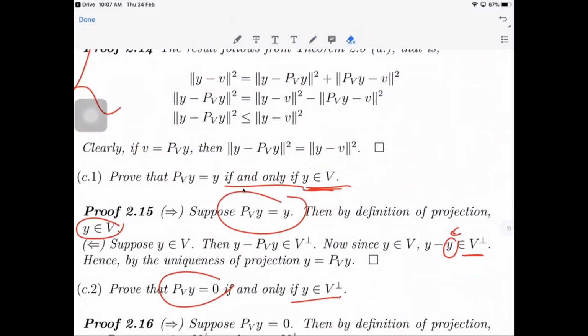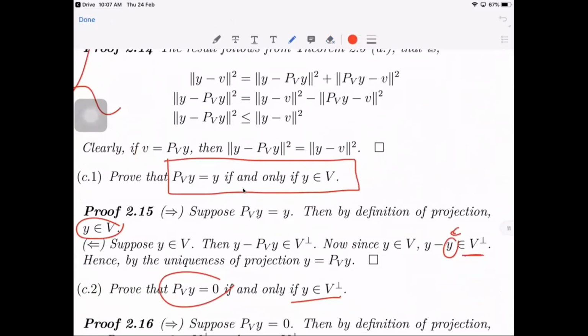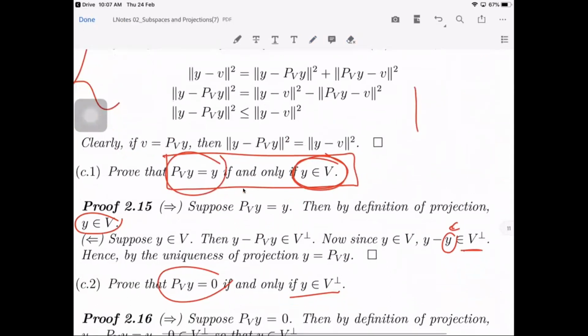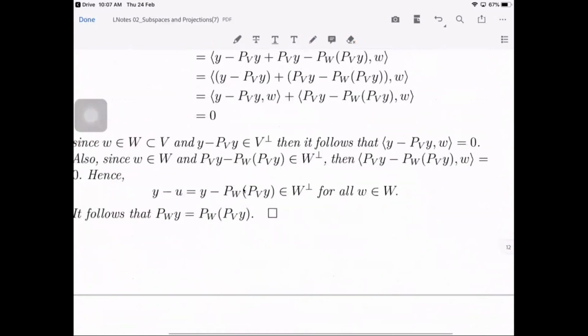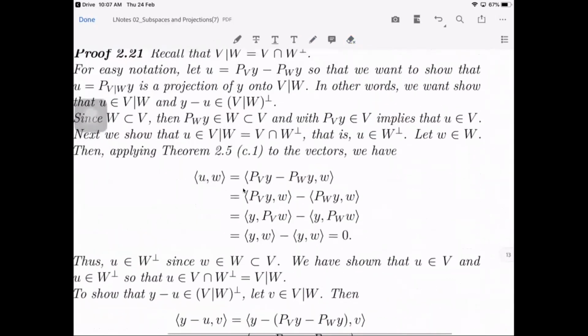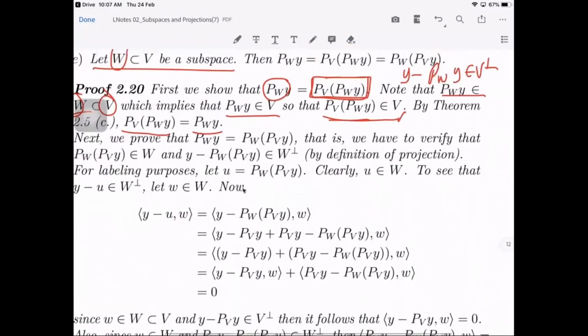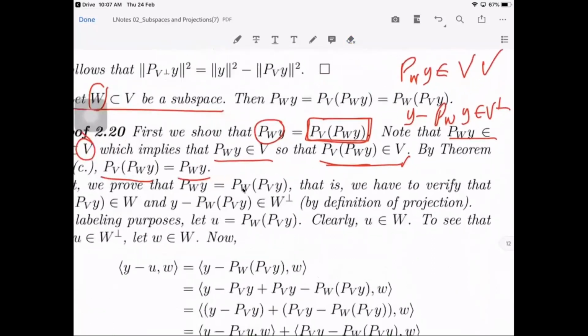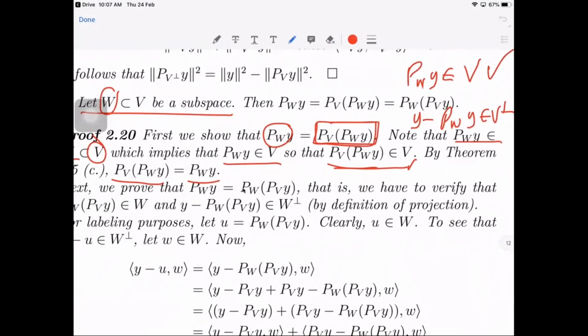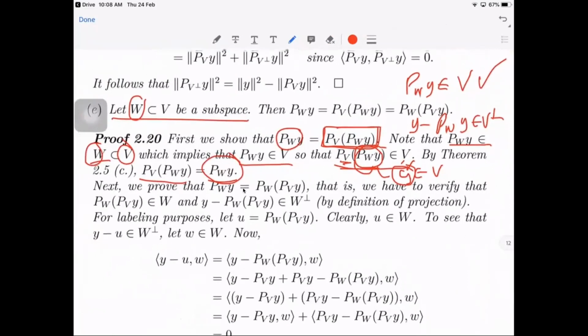If Y is in V, then the projection of Y onto V is actually your Y. So, what we show here is that the projection of this vector onto V is in V, which means this Y is in V. But our Y is this projection of Y onto W. So, they are equal.